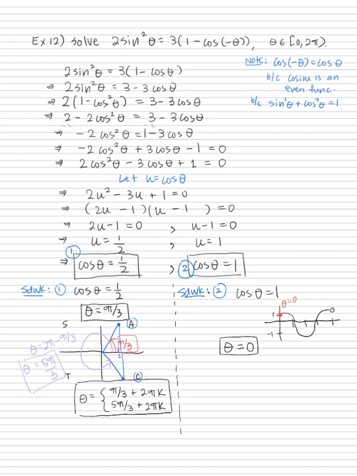So this only works when k equals 0. Therefore our solution set is pi over 3, 5 pi over 3, and 0. And that's our solution set.